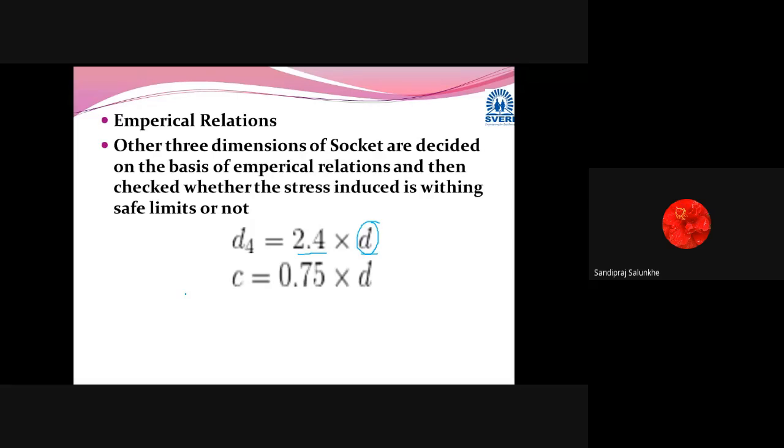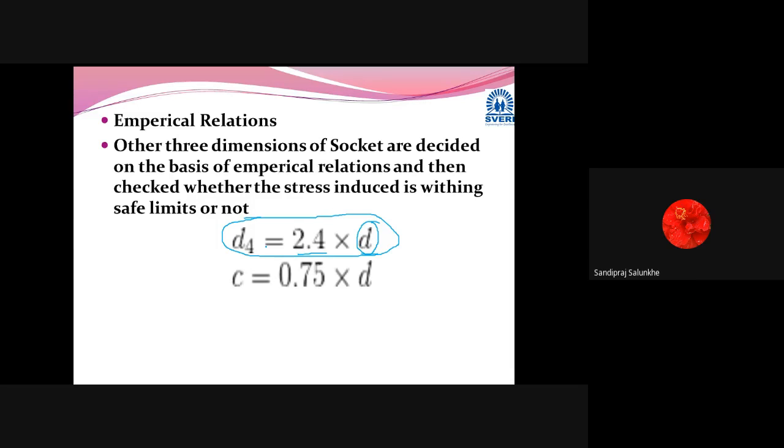And he goes on checking whether that cotter joint is able to sustain the stress or not. All these things are done first by calculation, and later by manufacturing that joint, actual tests are conducted. If the test results are positive, then we take this as the diameter. Likewise, by doing all these experiments, designers calculated this value, and it has been included in the design data book as the empirical relation for calculating D4. Hope you have understood it.